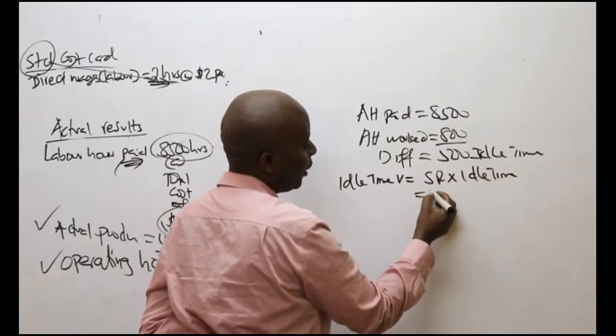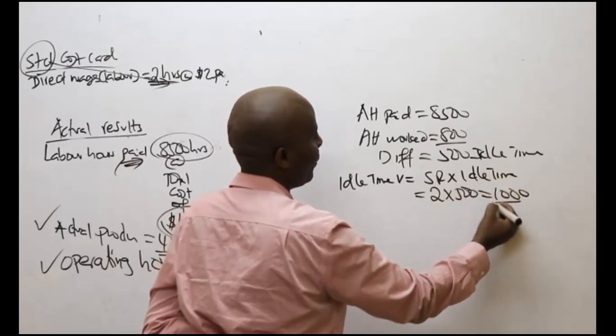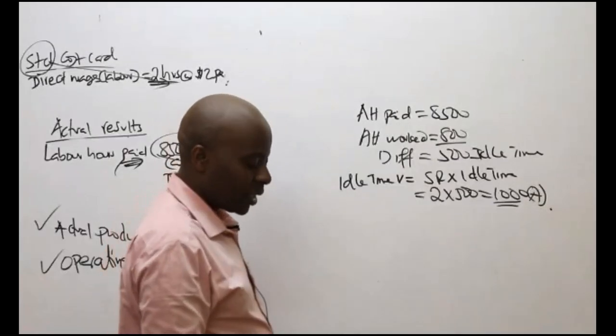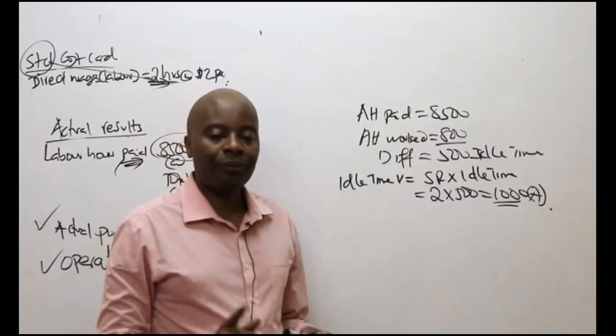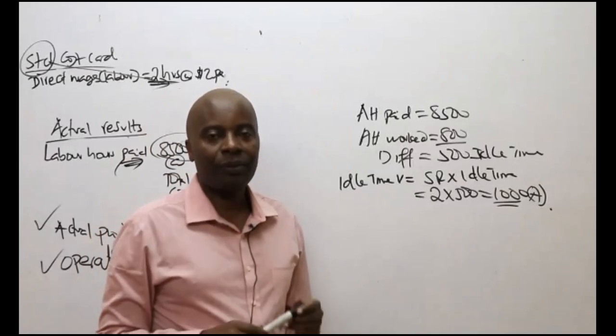So standard rate per hour is 2, idle time is 500, which gives us 1,000. And as we say, all idle time variances are adverse. Any other question? I hope I've answered this to the student's satisfaction.